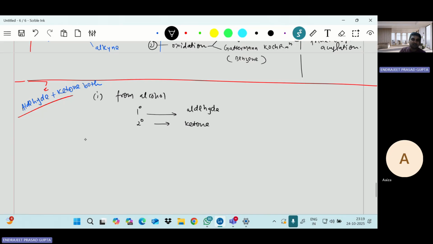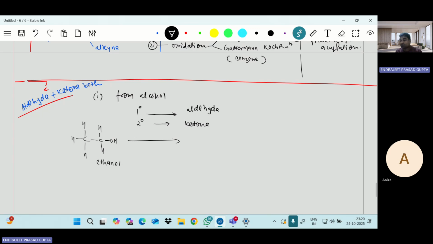Suppose this is CH3, CHOH, and this is H. This is ethanol. When you do the oxidation, obviously you have to use an oxidizing agent. You can use a mild oxidizing agent.